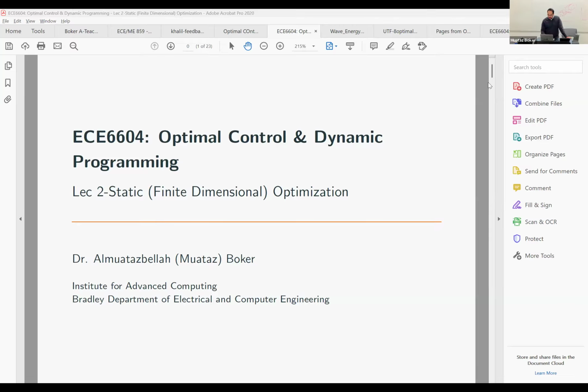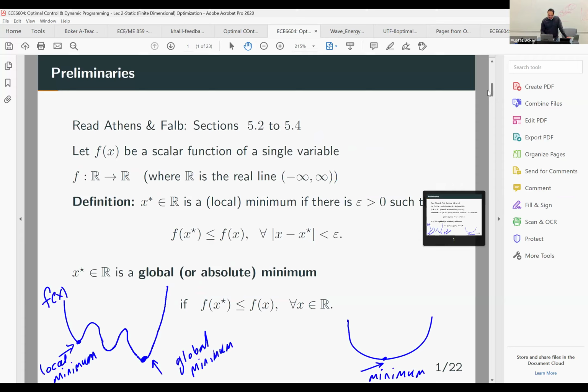Just to make the story short, in the scalar case, when the dimension is 1, the necessary and sufficient conditions are that the derivative of the function at the point is 0, and the second derivative, if it's positive, then we have a minimum, and if it's negative, then we have a maximum.